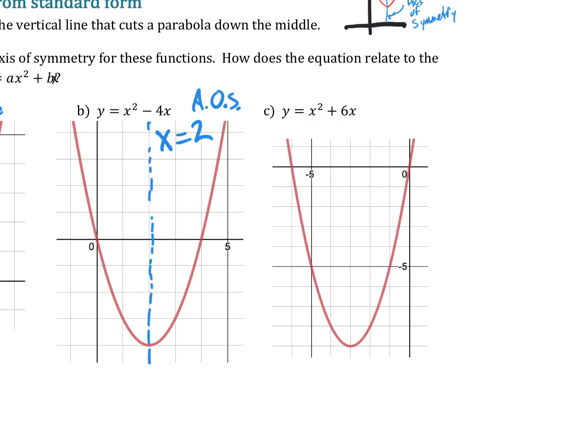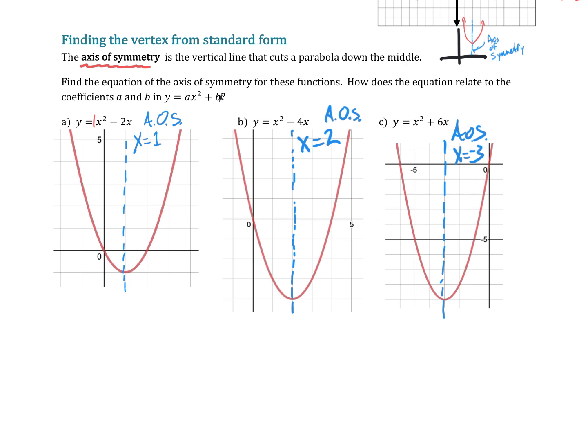Now we get x squared plus 6x, and that's coming over to the left side of the y-axis. So this is at -3, so our axis of symmetry is at x equals -3.